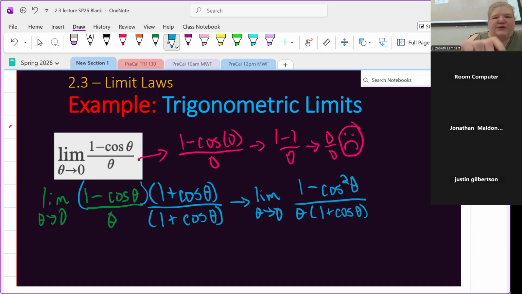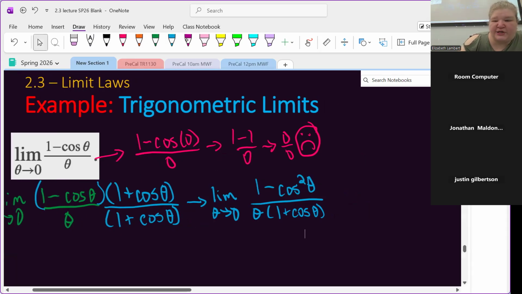So 1 minus cosine squared theta, what is that the same as? Yep, sine squared, because sine squared plus cosine squared is 1. So that is what we're going to do next, make that substitution. So we still have the limit, but now it's sine squared on top.